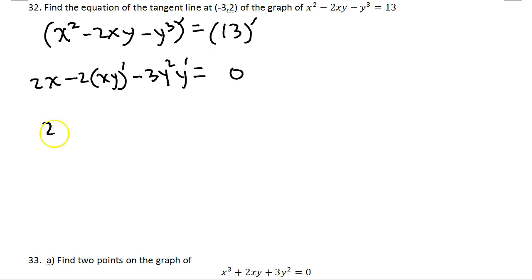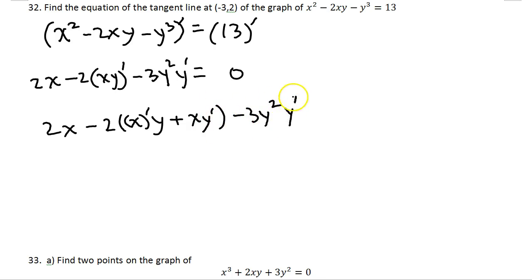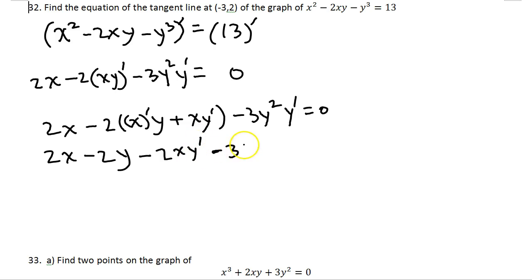Now if we apply the product rule, it's x prime y plus xy prime, so that you have x prime is 1, and negative 2 times 1y is negative 2y, and then negative 2 times xy prime is minus 2xy prime, minus 3y squared y prime equals 0.